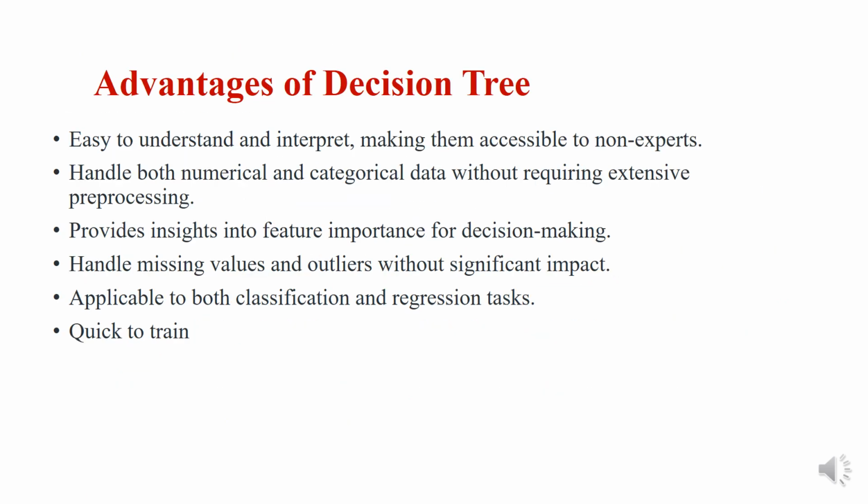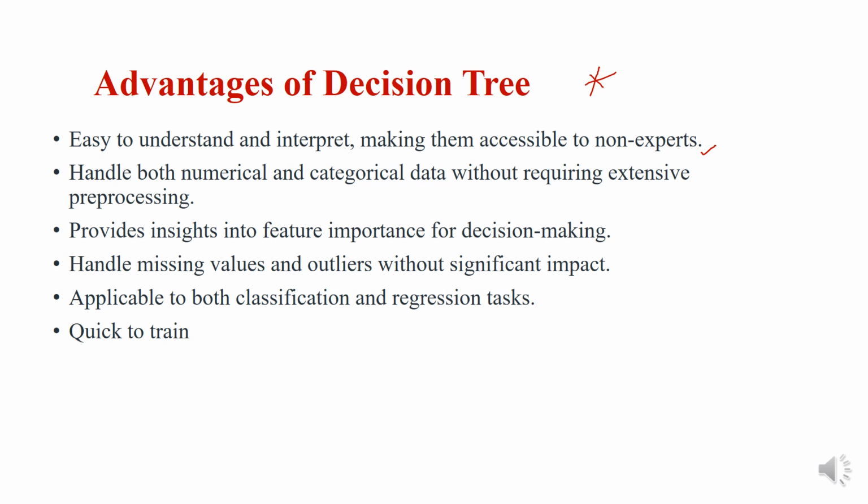Now, what are the advantages of decision tree? This is an important question for external exams. You may get it for 5 to 6 marks, advantages and disadvantages. It is easy to understand and interpret, which makes it accessible to non-experts. He need not be an expert, anyone can use this decision tree.